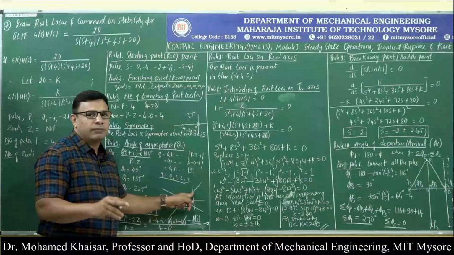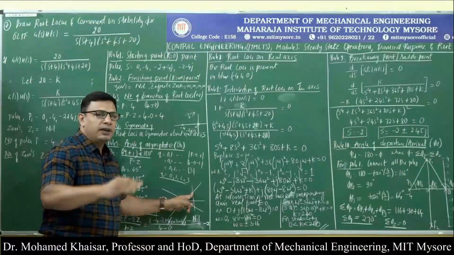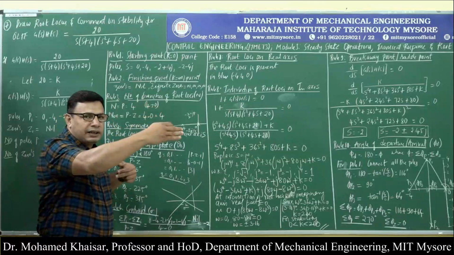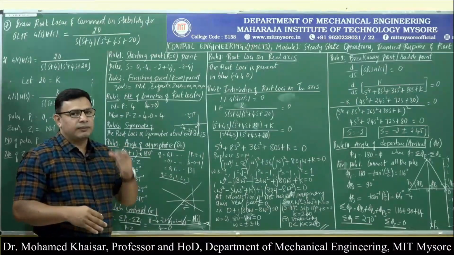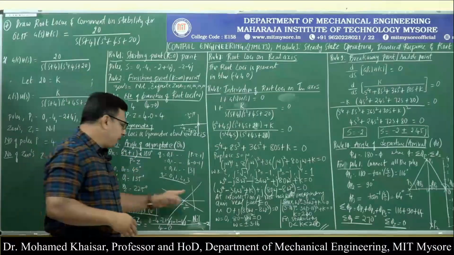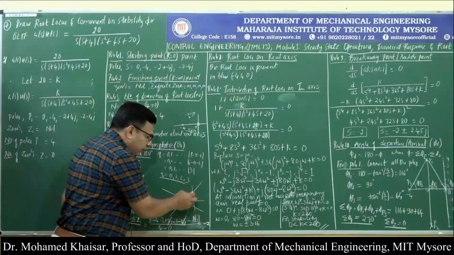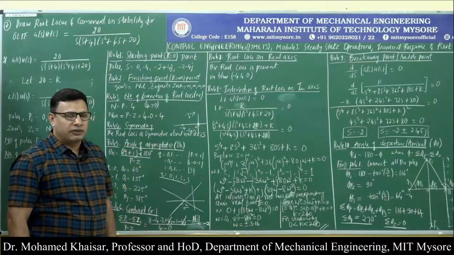So the value of K is nothing but the value of input, or the gain, for which the system will just become unstable. Starting from 0 up to that limit, if we keep on adding the gain, the system continues to be stable. And the moment we reach the value of K, the system becomes unstable.